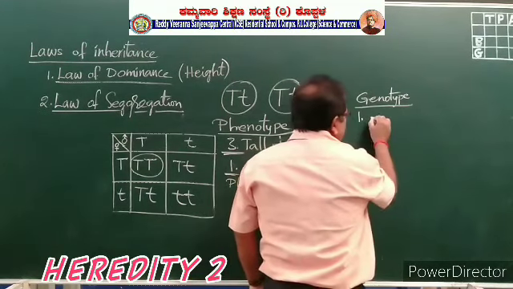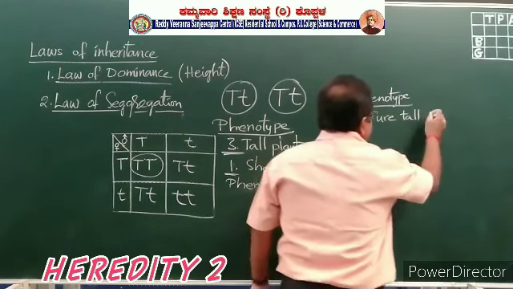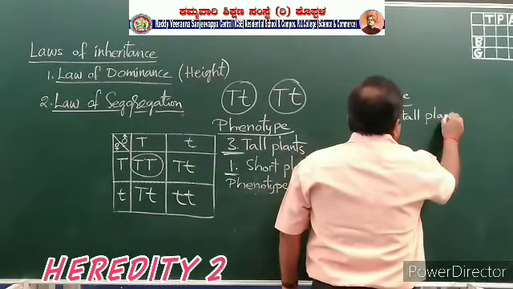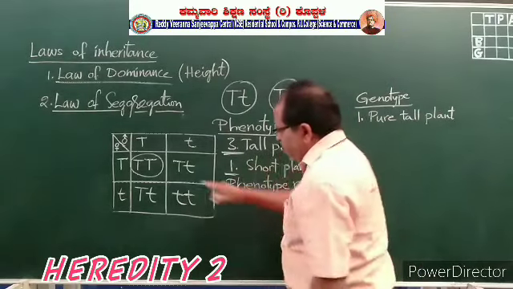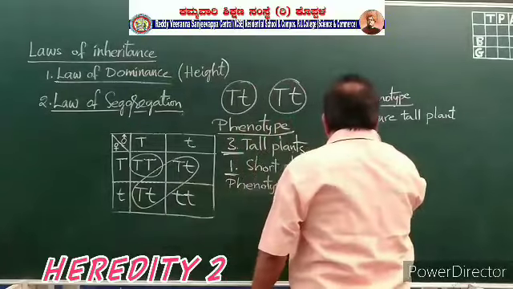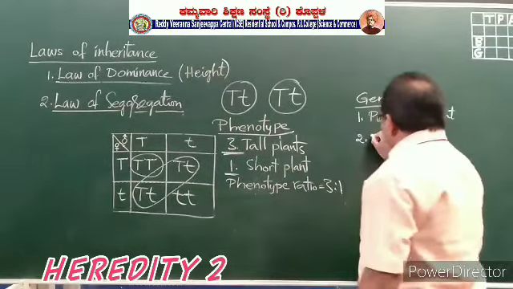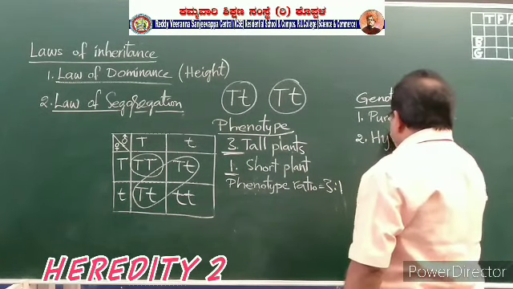One plant is a pure tall plant, and 2 plants are hybrid plants, neither tall nor short. 2 of them are hybrid plants.